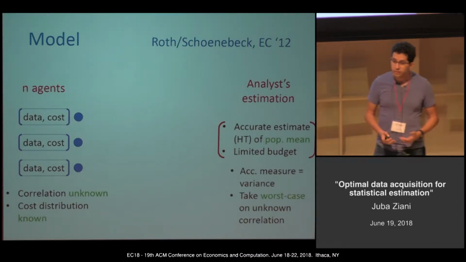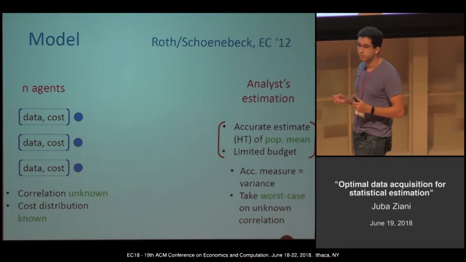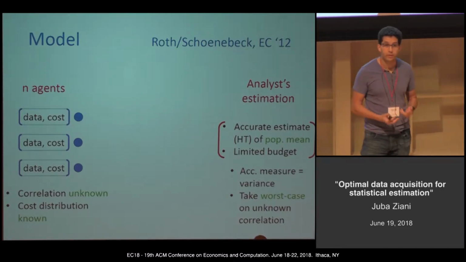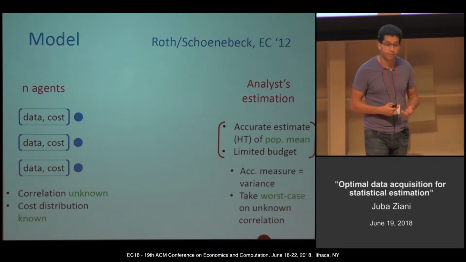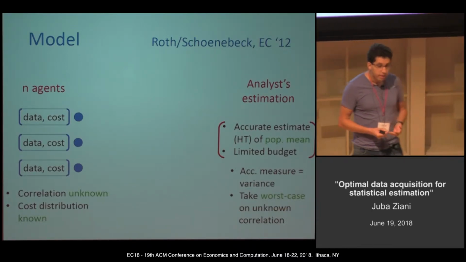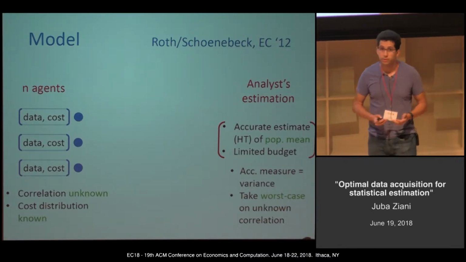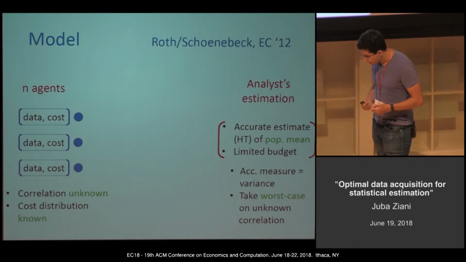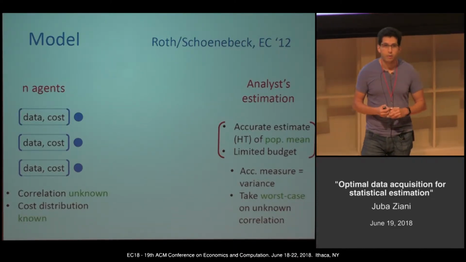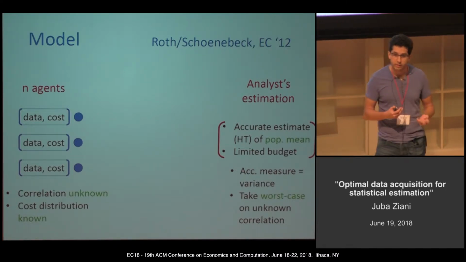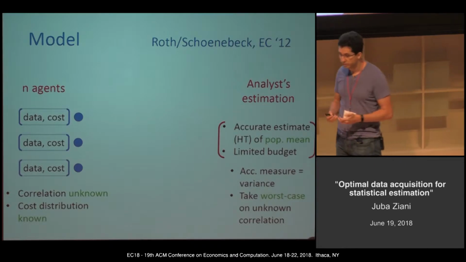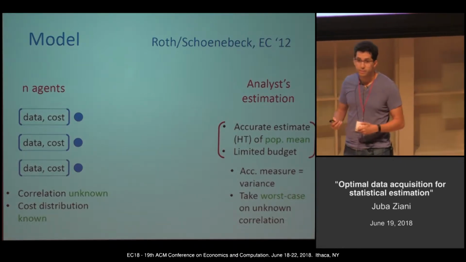Now, the analyst is trying to compute an accurate estimate of the population mean via the Horvitz-Thompson estimator. And here, the way we measure accuracy, as I mentioned before, is in terms of variance. But the variance of this estimator depends on the underlying distribution of the data that is completely unknown to the analyst, so the analyst cannot optimize that metric.